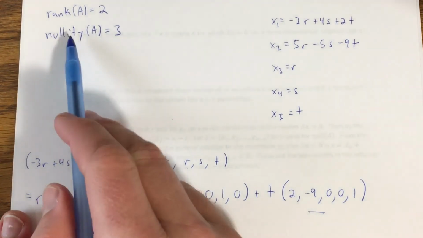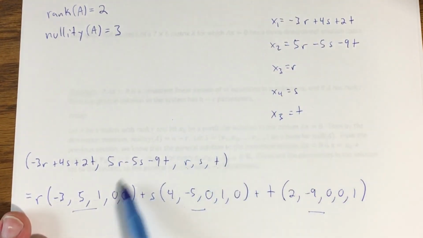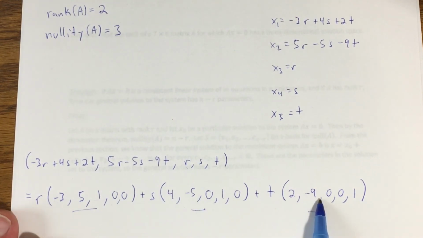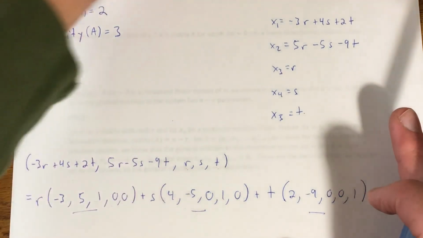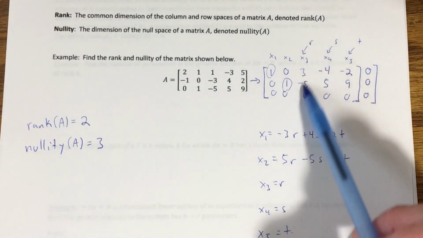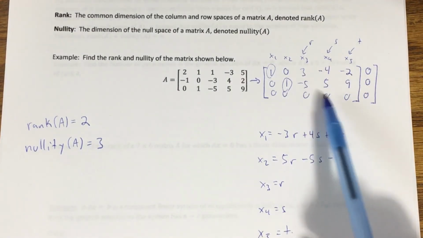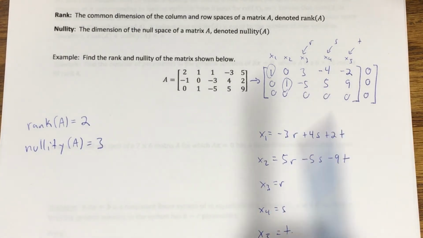We can arrive at this result a little bit quicker if we just notice that the number of vectors in this general solution corresponds to the number of parameters that I came up with for my solution set. But the number of parameters in my solution set is the same as the number of free variables that the system has. So the nullity is the same as the number of free variables in this system of equations.